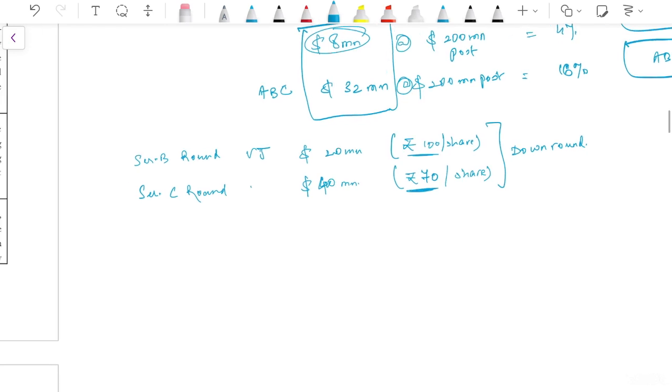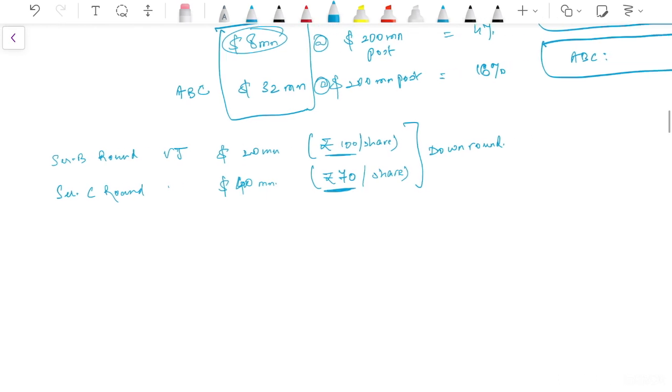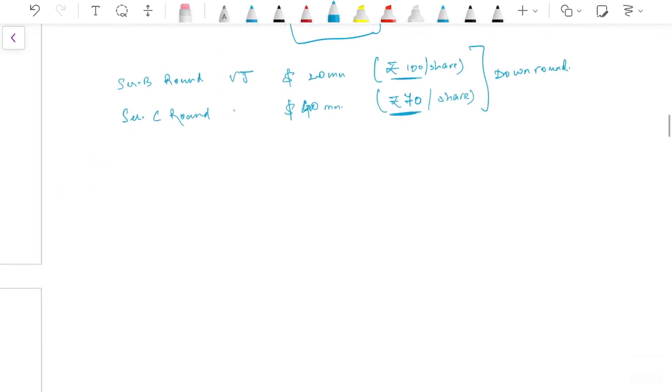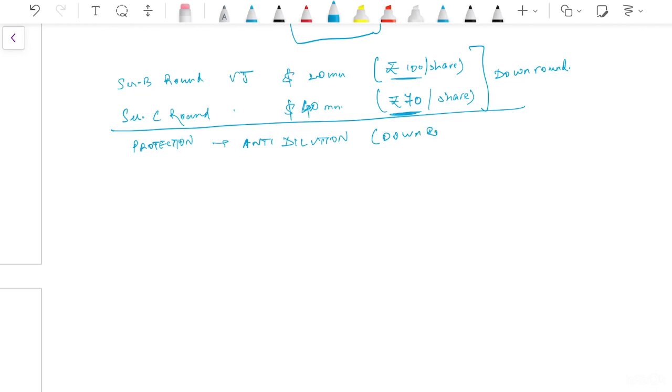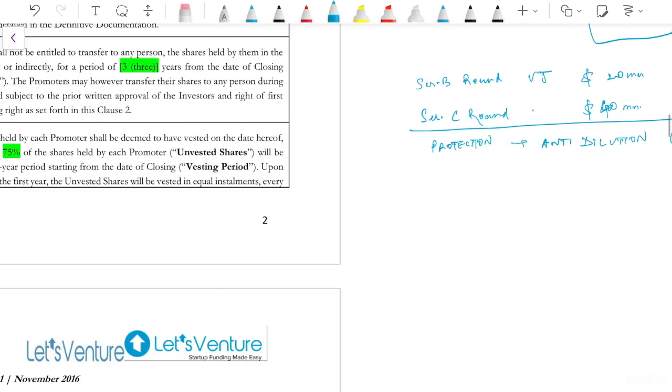In that case, to prevent such a situation, I am asking the company to give me protection. Mark the word protection: protection from dilution, basically anti-dilution protection in case of a down round is what this clause talks about.